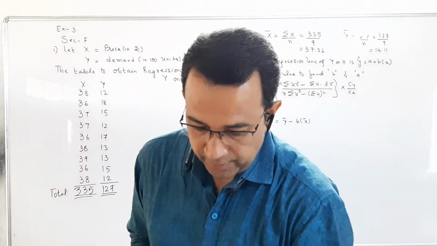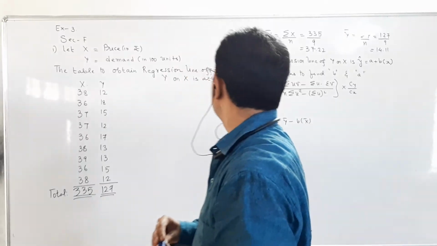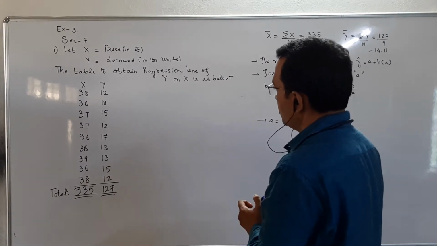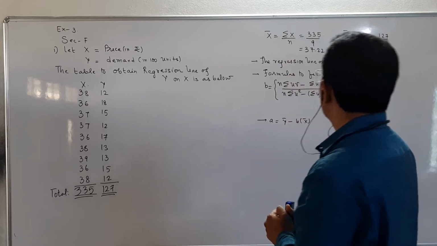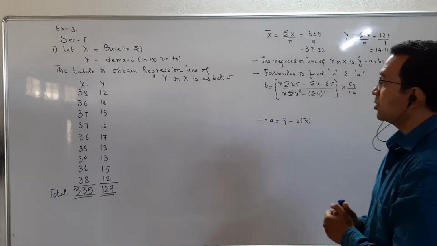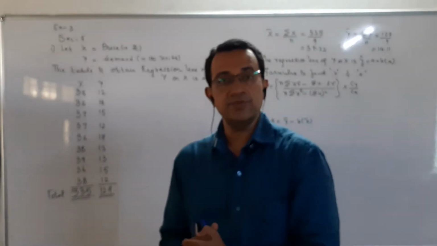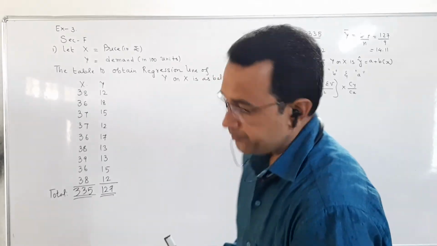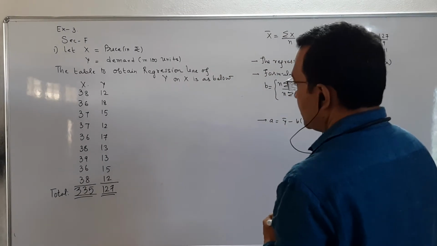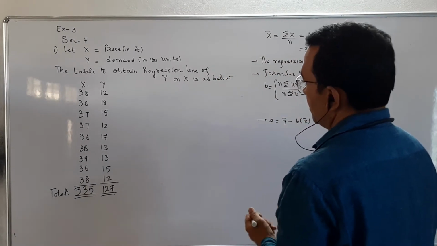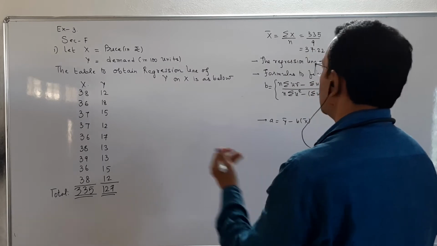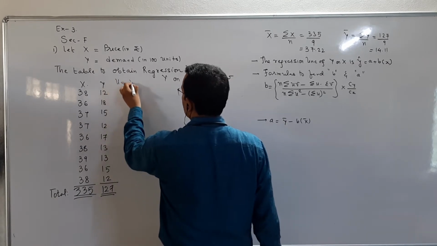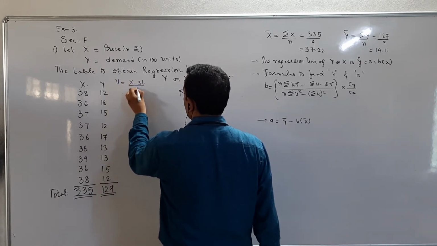Now students, we can take here the nearby value to 37.22, 37 also and 36 also, but why I am taking 36? Because 36 is repeated 3 times and that will give us more number of zeros. And for Y we will take 15 because the nearby value to 14.11 is 15, and these values are not divisible by a common value. So U is equal to X minus 36 upon 1.